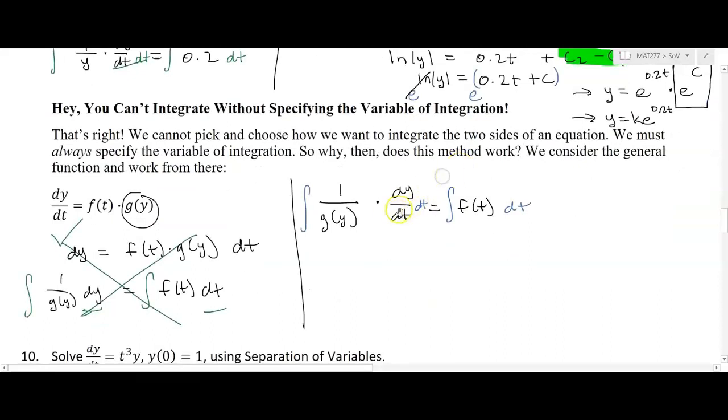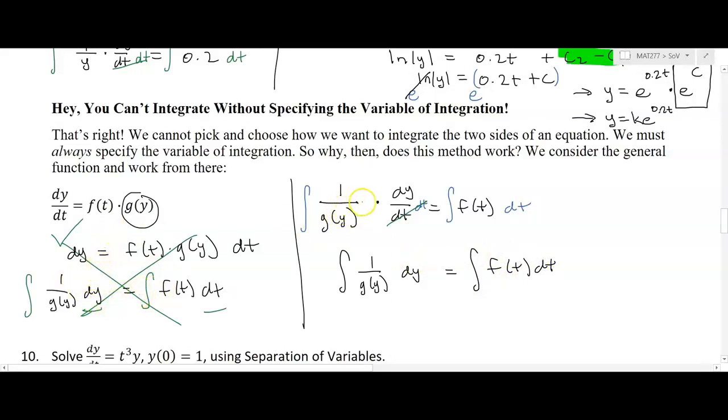Now, if you don't like the cancellation method, some mathematicians will disagree with that, but really what's happening here is there's actually a u substitution that can take place that will, when you take its derivative, you get a dy dt, but I like to think of it as the dt's cancel, and now I'm integrating 1 over g of y with respect to y, and I'm integrating f of t with respect to t. And you notice, hey, that gave us the same answer as we got using the wrong method.